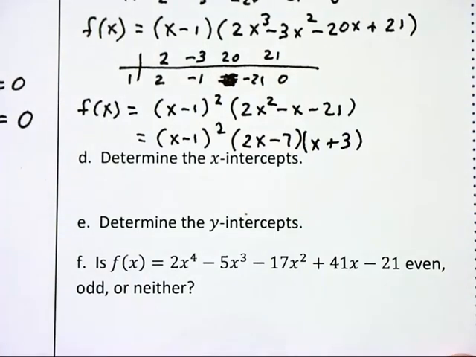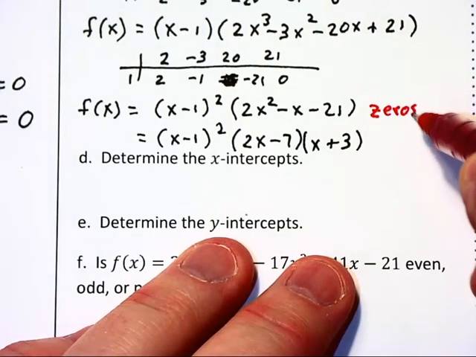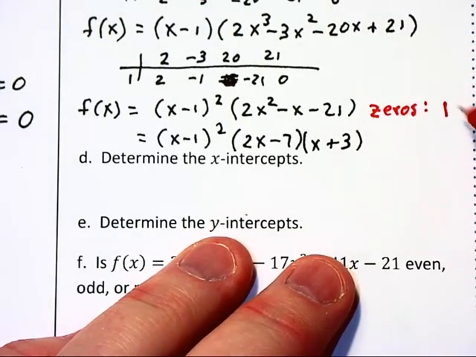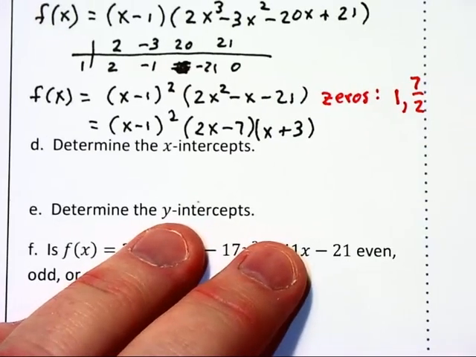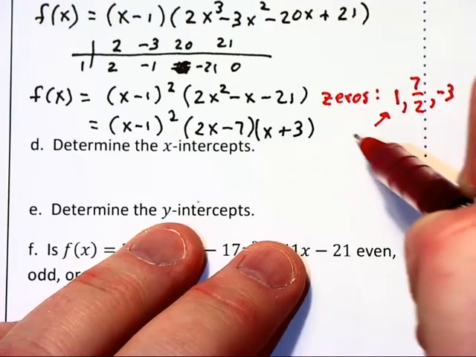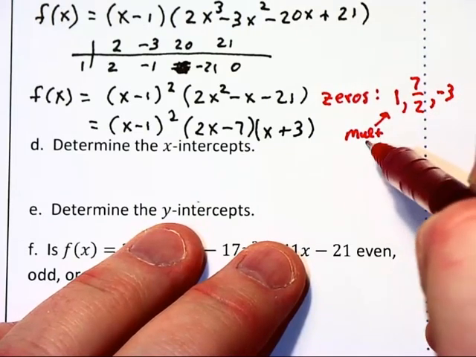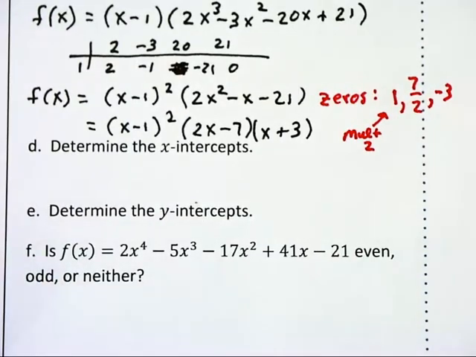So it said find the zeros and their multiplicities. Well, here we go. The zeros are 1, 7 halves, and negative 3. And 1 has a multiplicity of 2, and the other 2 just have a multiplicity of 1.